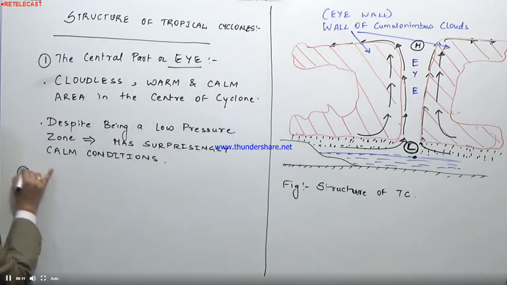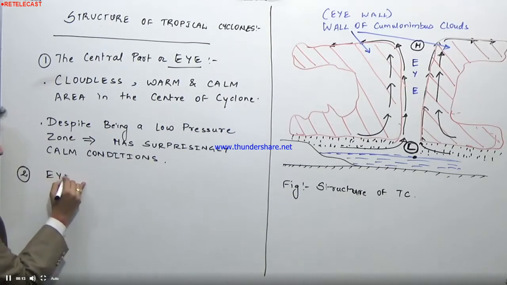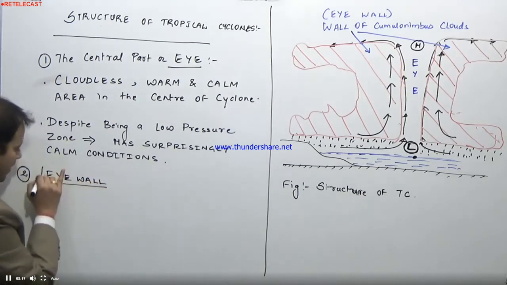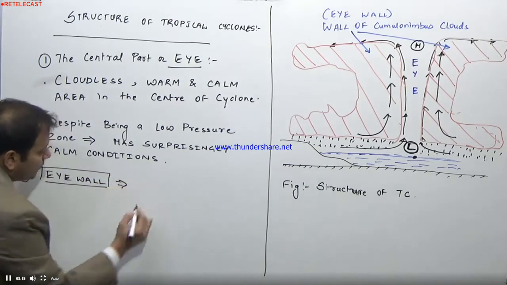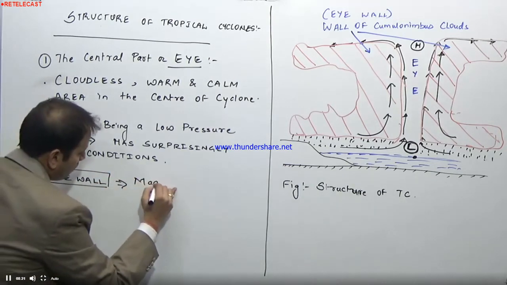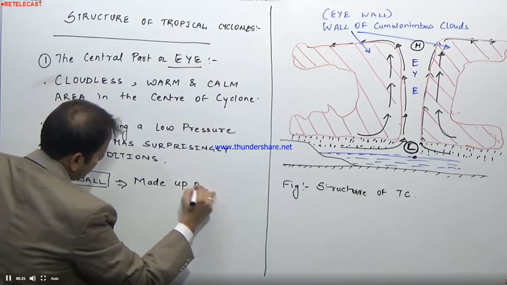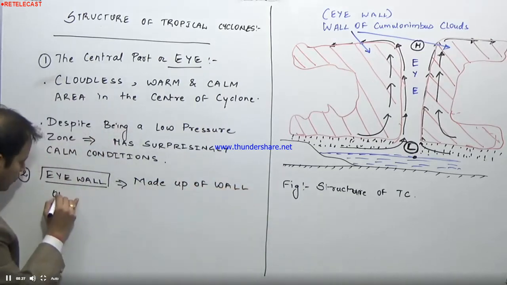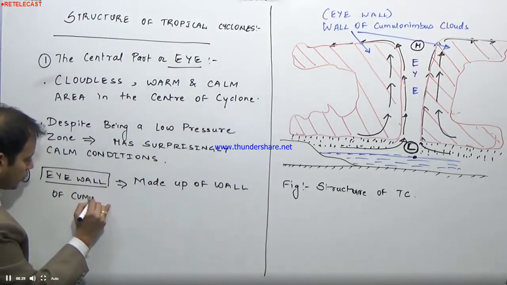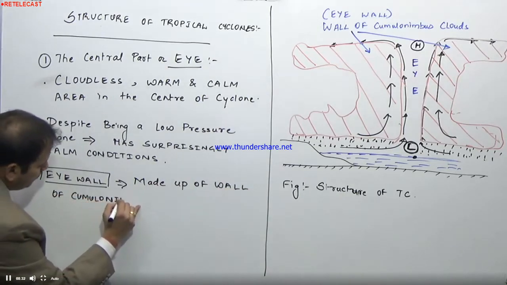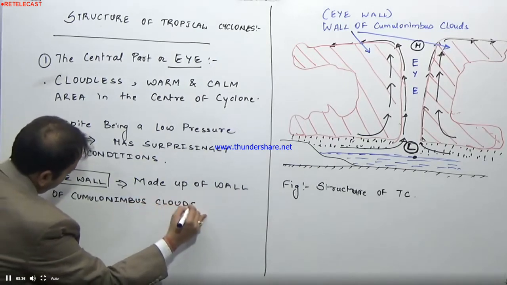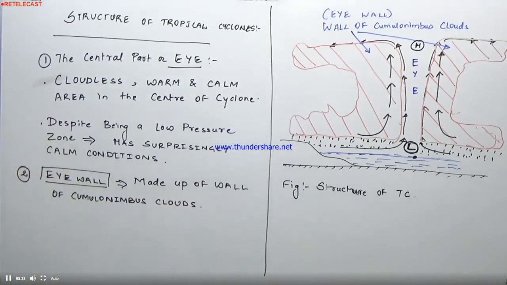Surrounding the eye of a cyclone is the eye wall. It is made up of a wall of cumulonimbus clouds.